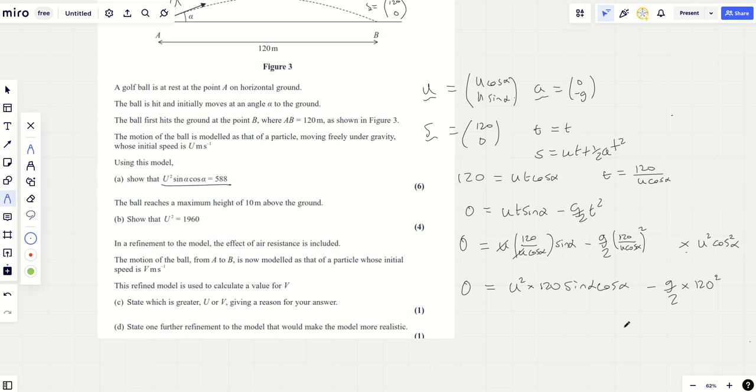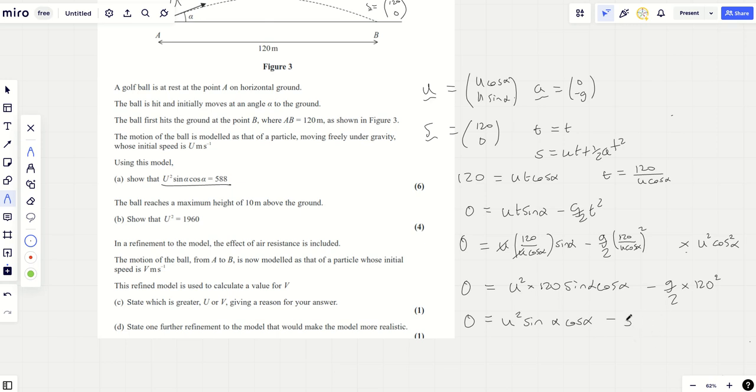Now, if we divide by 120, naturally, 0 equals u squared sine alpha cos alpha, minus g divided by 2 times 120. I bet that's 588, I hope so. 9.8 divided by 2 times 120, 588.